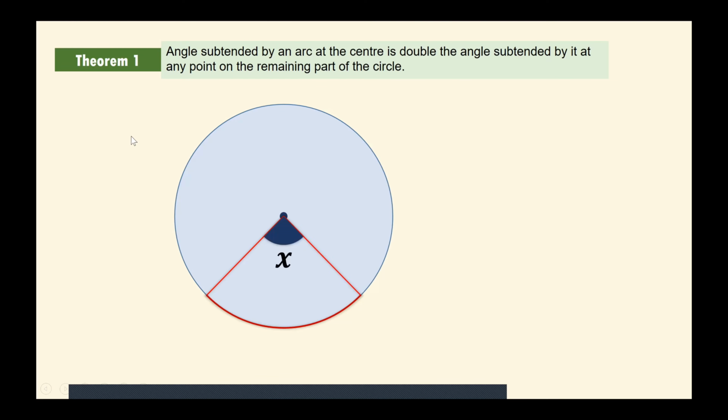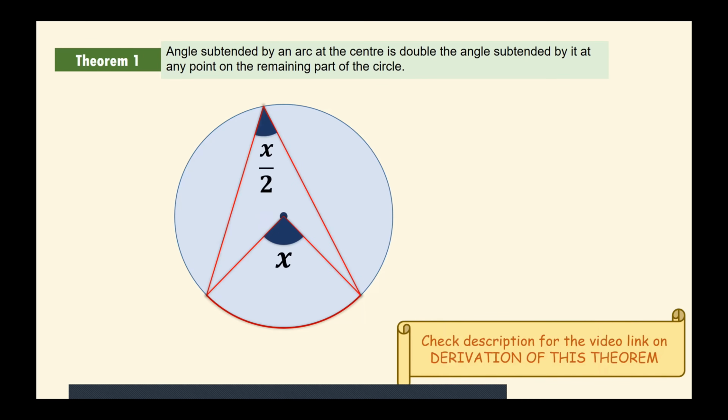Then the same arc will subtend half of that angle at any point on the remaining part of the circle. For example, if the angle at the center is 50 degrees, then the angle at any point on the remaining part will be 25 degrees.